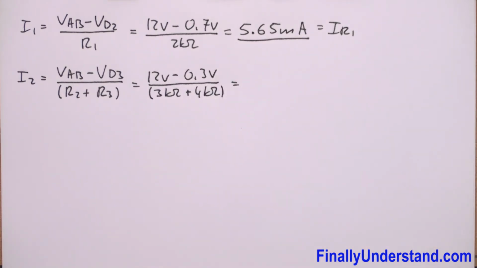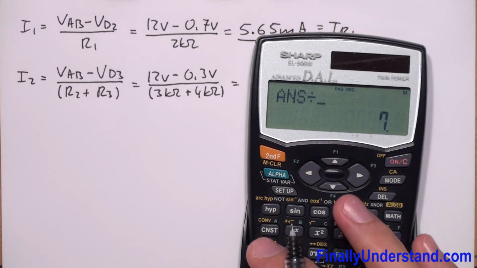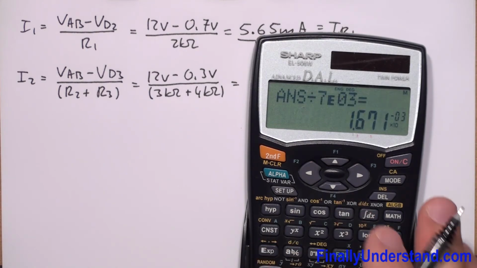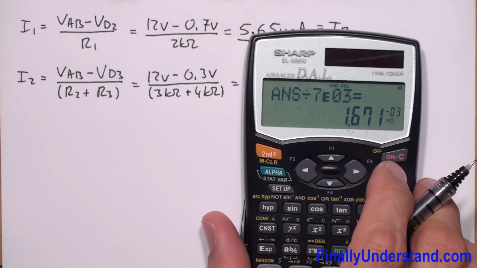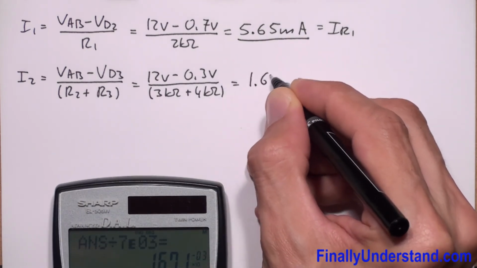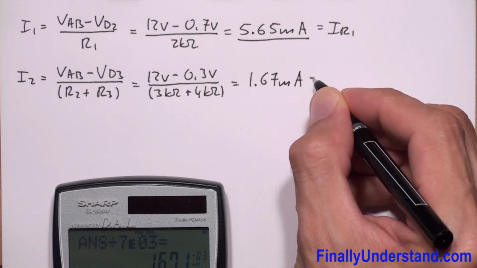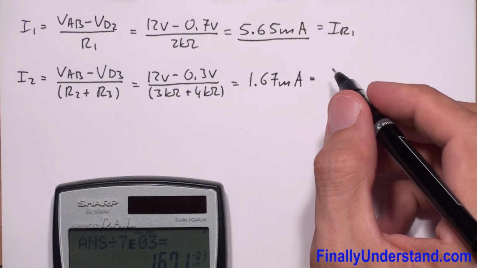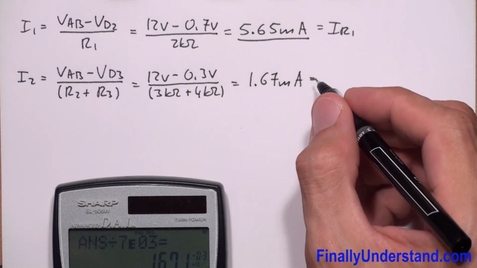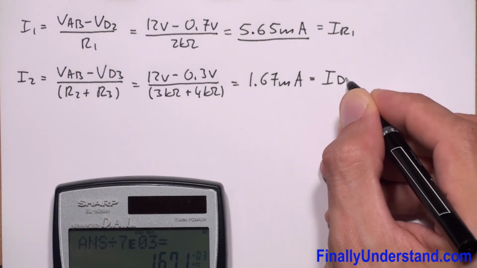This is equal, again we are going to use the calculator, 12 minus 0.3 divided by 7 exponent 3. This is equal to 1.67 milliamps, and this is the same current which will go through the diode D3. Okay, so this is also equal to ID3.